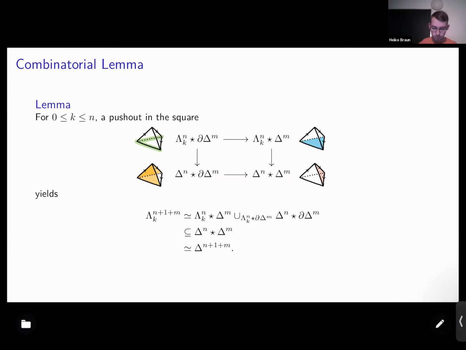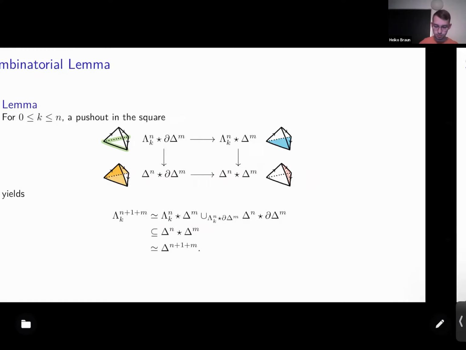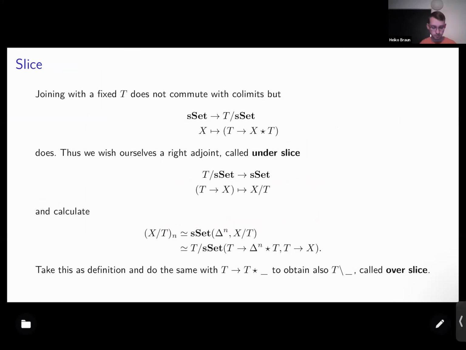Then we go on to the slice. So what's the slice? When we have some fixed simplicial set T, joining with this does not commute with colimits. For example, if you would do the Cartesian product, then it would commute with colimits, but we do the join and it does not work immediately.